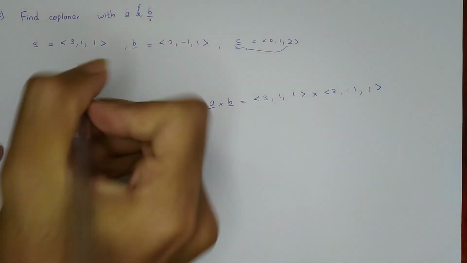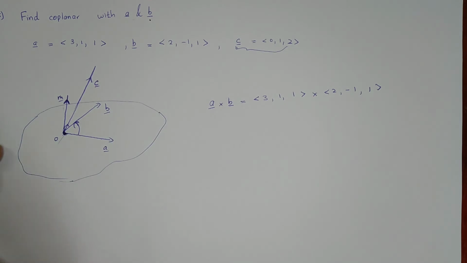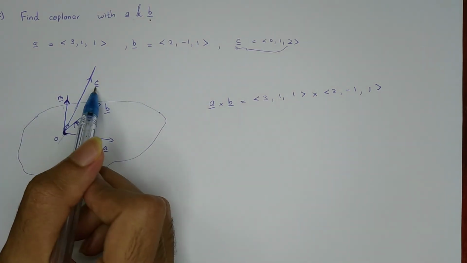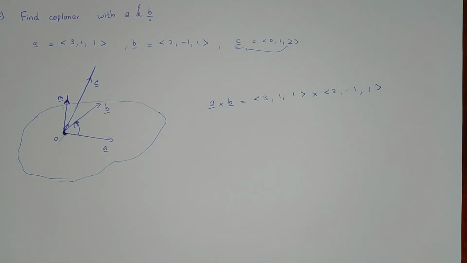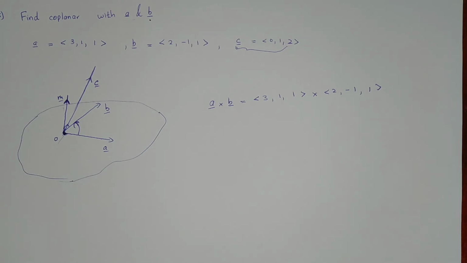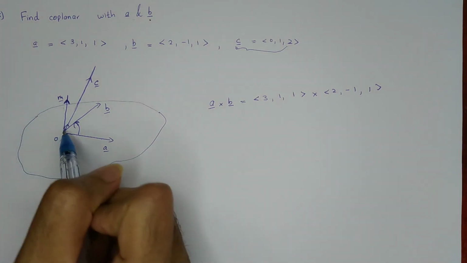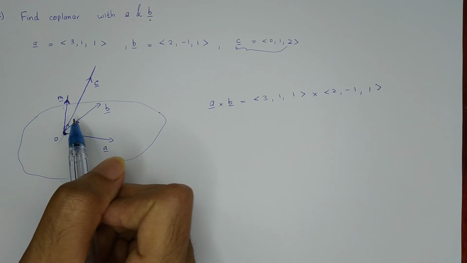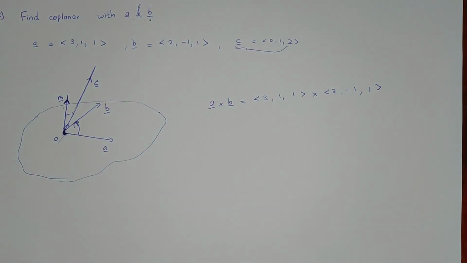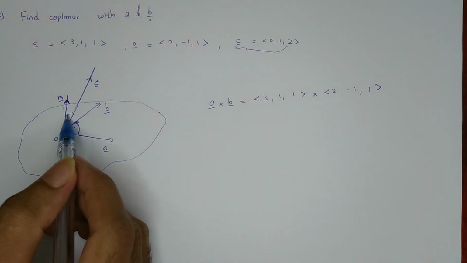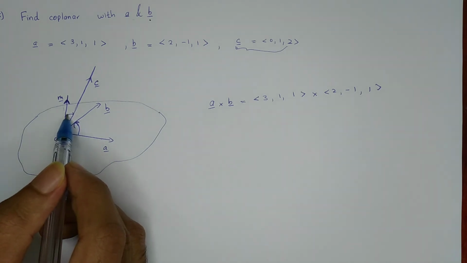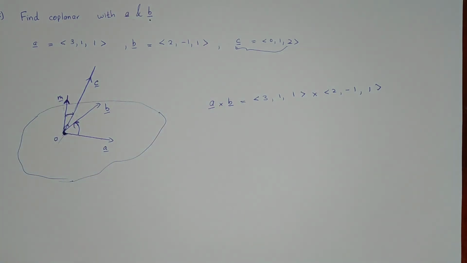So the thing over here is, if you take the cross product of this M vector and C vector, what will happen? What would be the result of that? If you take the cross product between the M and C vectors, the direction vector would be perpendicular to the MC plane.